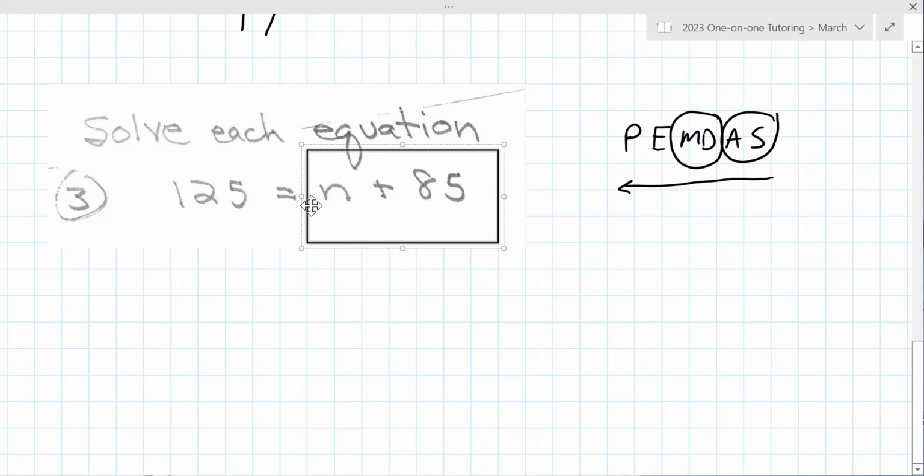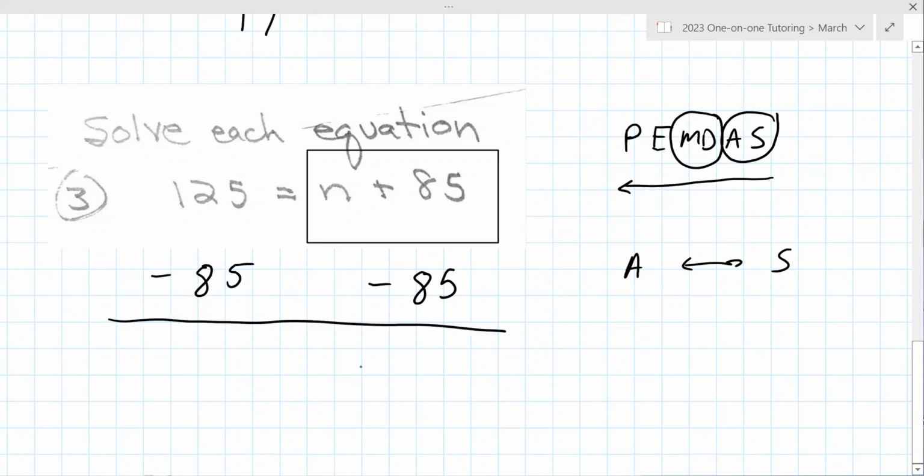What is keeping the variable from being by itself? The addition. So you undo addition with subtraction. So it's minus 85.